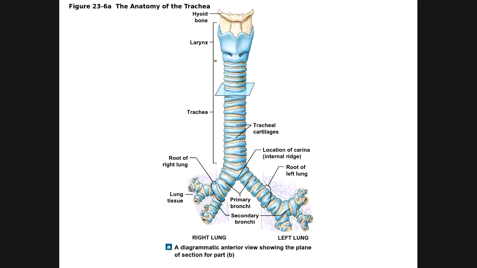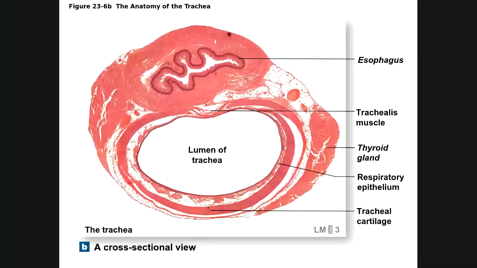Here's a great picture where you can see all the different anatomical structures of the trachea and how it branches into the primary bronchi, and then, like we do with the vessels, the branches of the bronchi just continue to divide and get smaller and smaller as they move into the lungs and ultimately end at the alveoli where gas exchange occurs. Here's another image of that cross-sectional view of the lumen of the trachea compared with the esophagus.